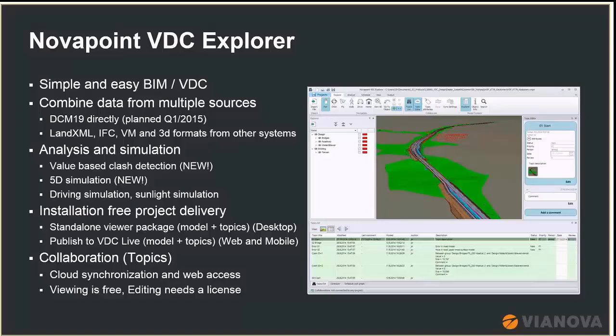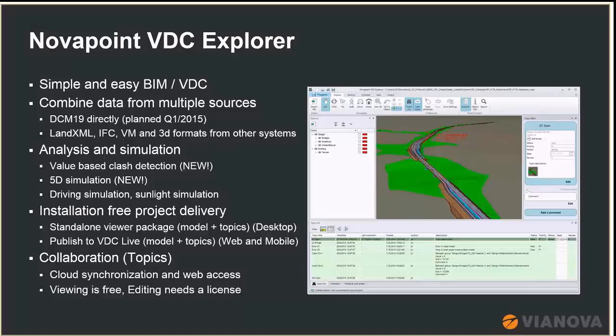When you have a lot of existing and a lot of design, you need to be able to detect the clashes and that way remove a lot of obstacles from construction. And we also have 5D simulation, so you can attach a schedule to your model and simulate the construction phases.